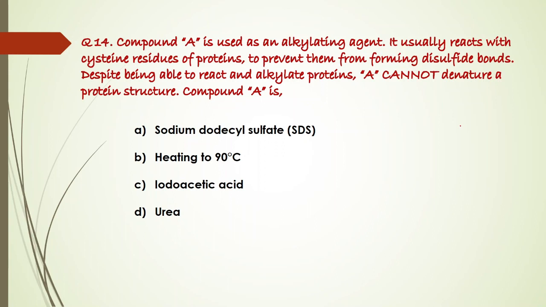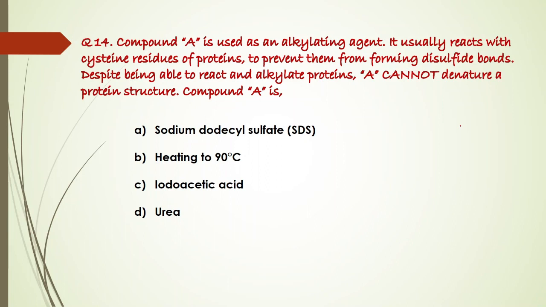What is compound A out of these four? So be very careful while answering this. It is saying that A is something which will react with the SH groups, basically the SH groups of the cysteine residues, and alkylate them.